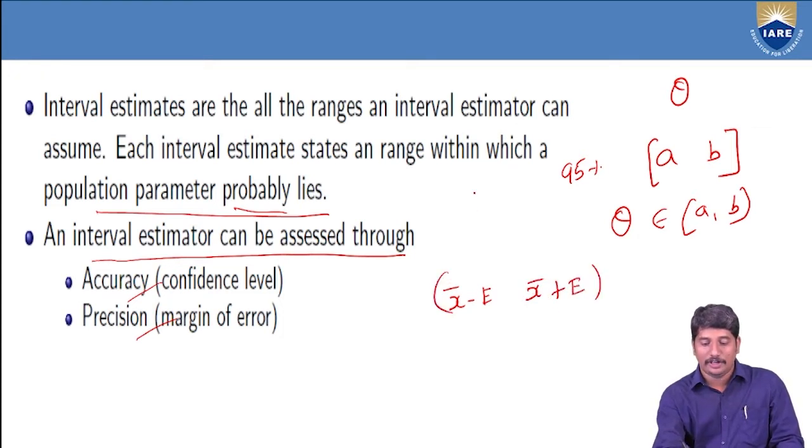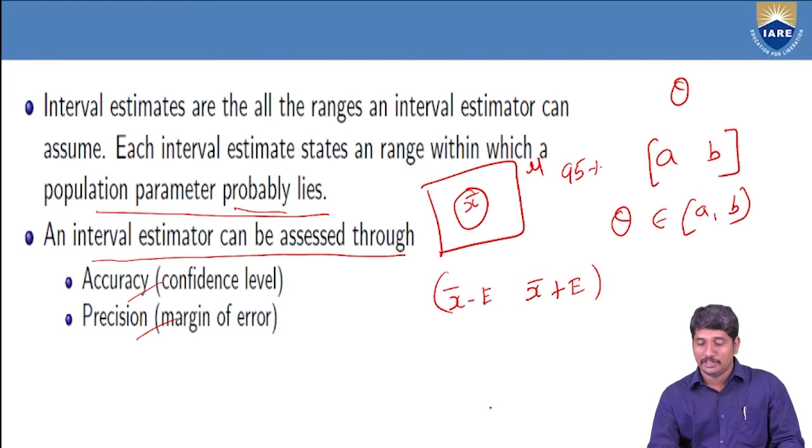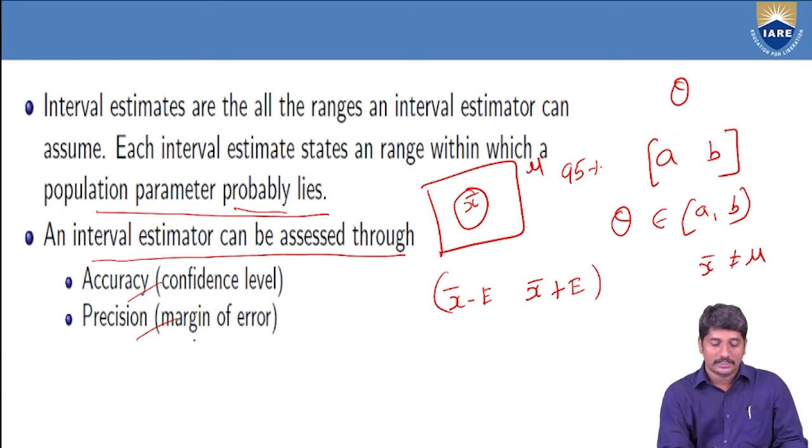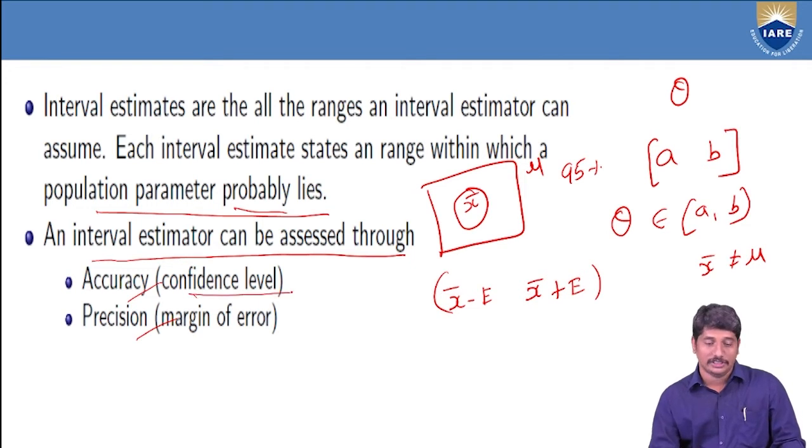When we try to estimate the population value mu with x bar, there will be some difference between x bar and mu, right? X bar need not be equal to mu. So we'll try to estimate the range within which mu will fall from x bar, towards the left and towards the right, and that is called the confidence level or confidence.